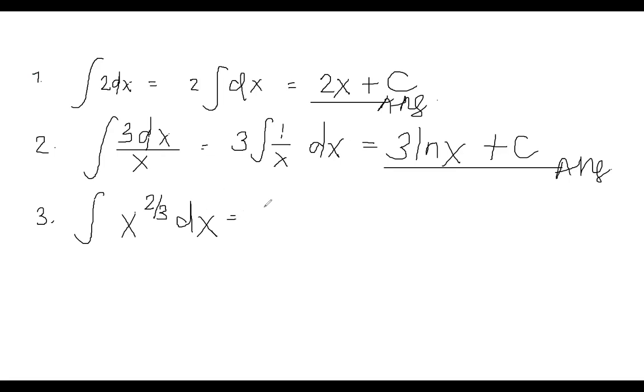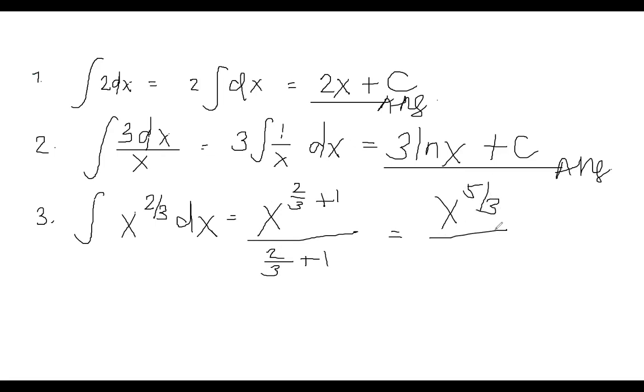Right? So if we use that formula, the integral of x to the power of 2/3 dx is simply x to the power of 2/3 plus 1 all over 2/3 plus 1. So what is 2/3 plus 1? It's 5/3, because 2 over 3 plus 3 over 3, so x to the power of 5/3 all over 5/3.